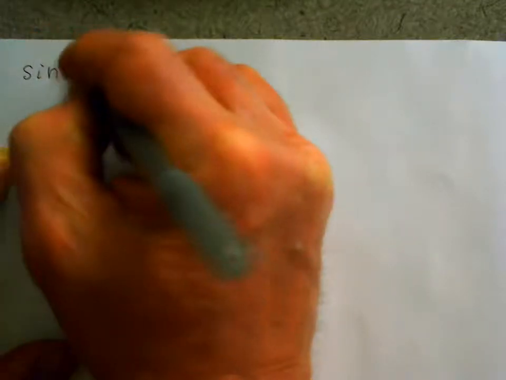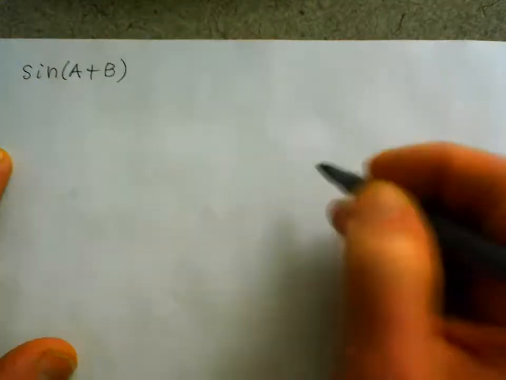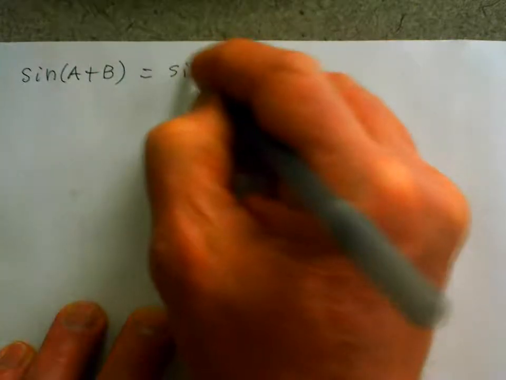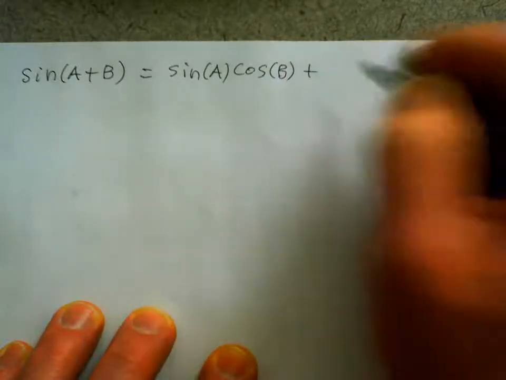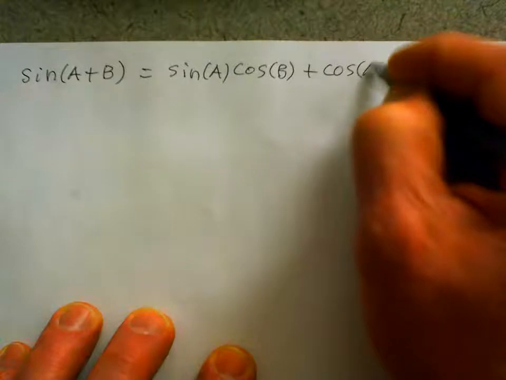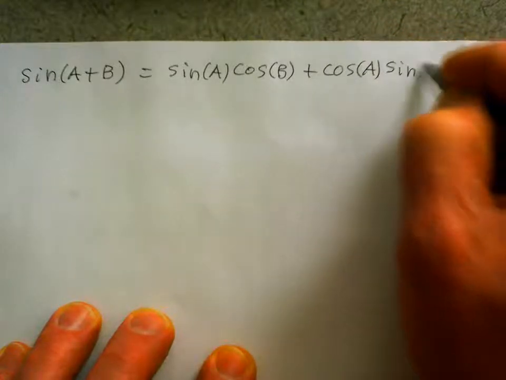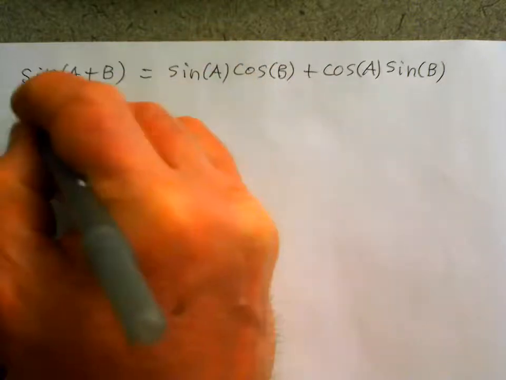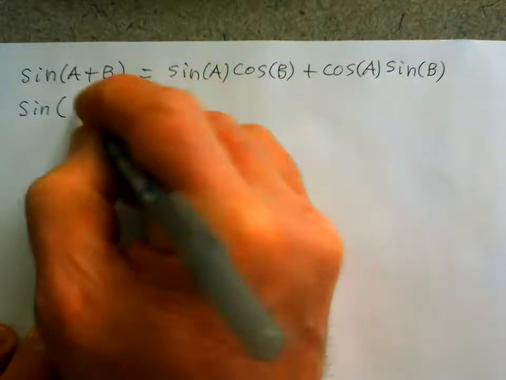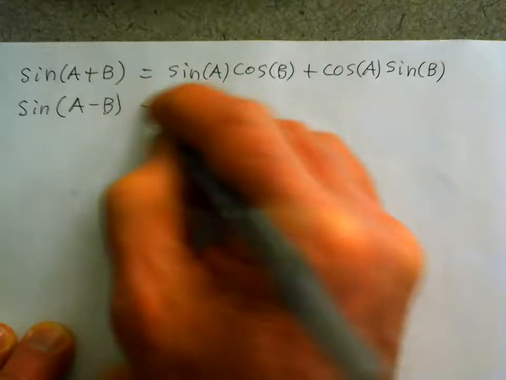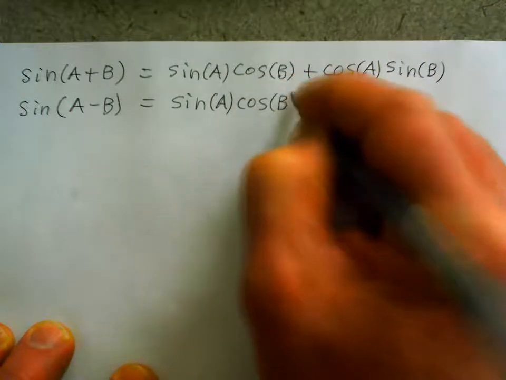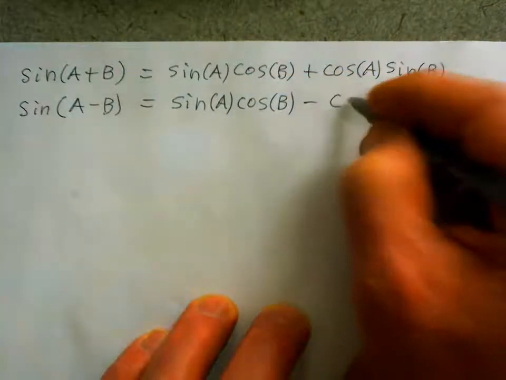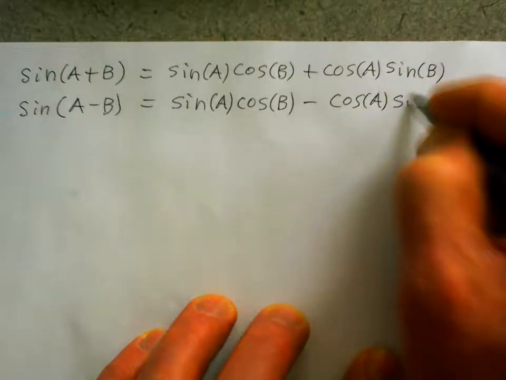So in particular, sine of a plus b is sine of a times cosine of b plus cosine of a times sine of b. And then the conjugate, sine of a minus b, is sine of a times cosine of b minus cosine of a times sine of b.